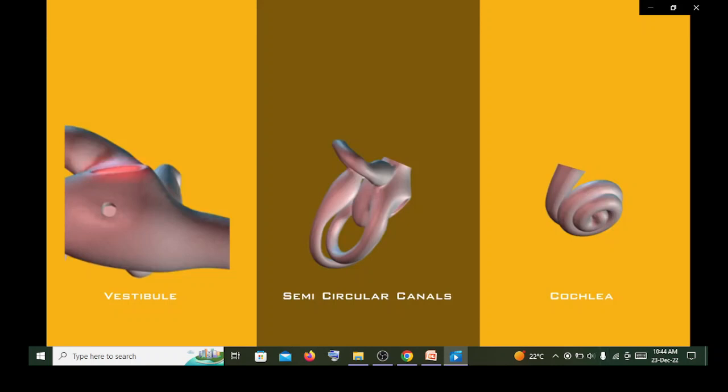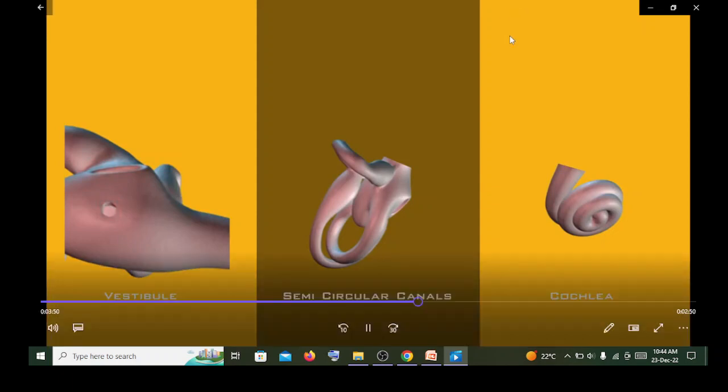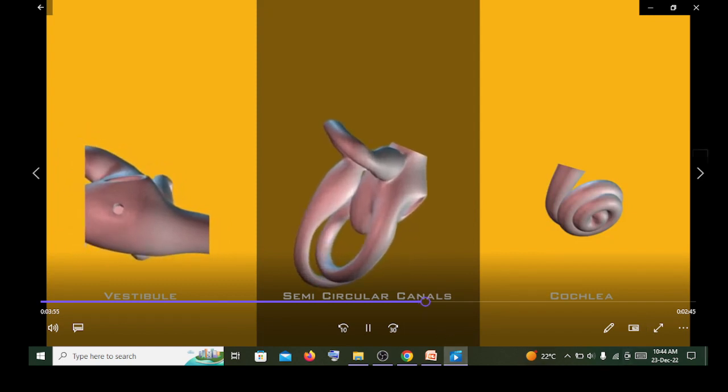The oval and the round windows are both located in the lateral wall of the vestibule. The semicircular canals. The semicircular canals contain the semicircular ducts, which have arisen from the utricle of the vestibular labyrinth. The cochlea. Cochlea forms a spiral which contains the cochlear nerve.